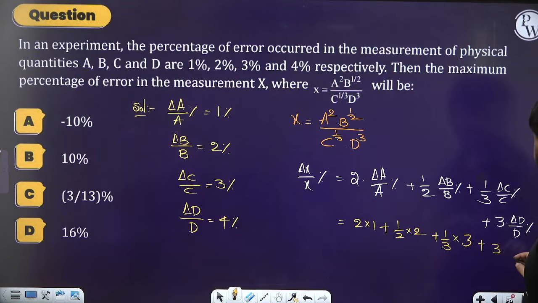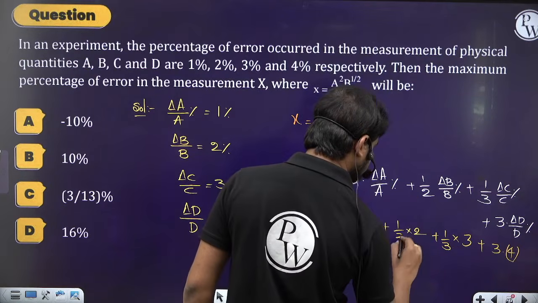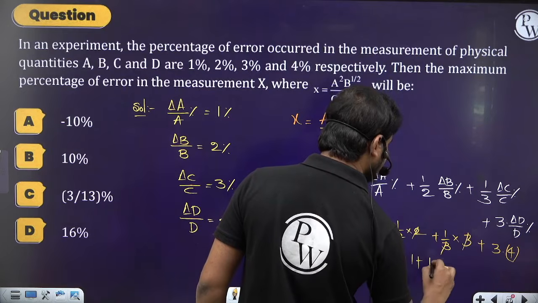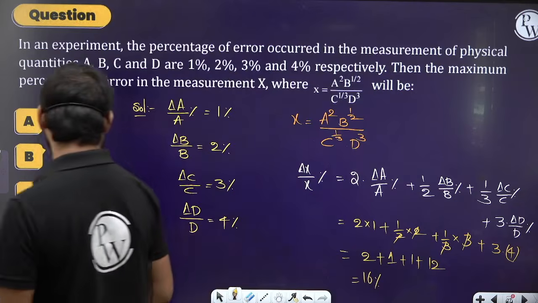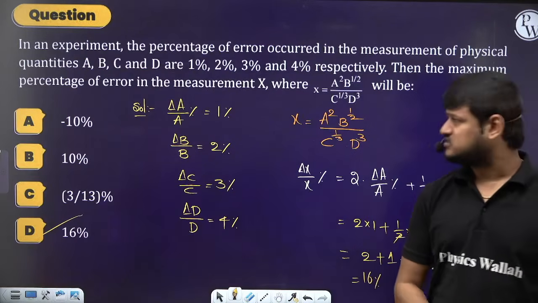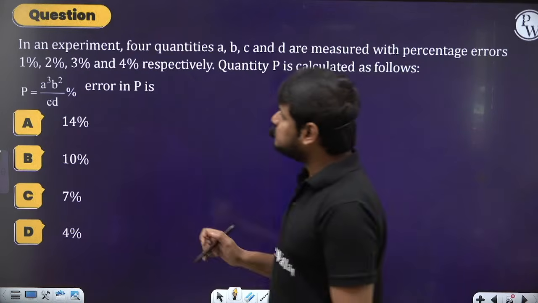So this is 2 plus 1, plus 1, plus 3 into 4 is 12. So the total is 16%. The correct answer is option D, 16%. Okay, clear? Simple question, that's it. Next, let's move to the next one.